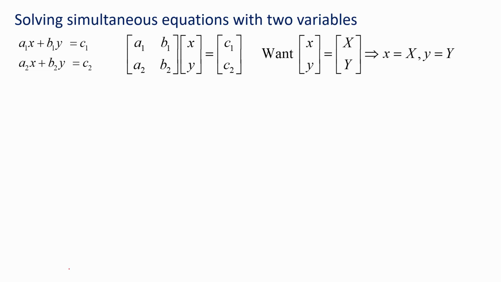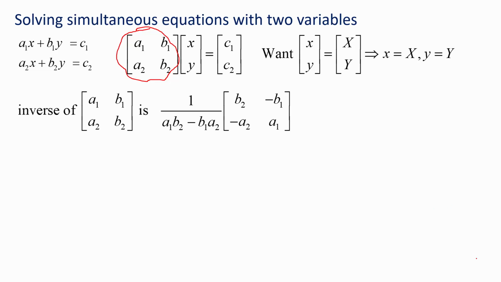Now what we want to end up with is something that looks like (x, y) equals some value for capital X and some value for capital Y. So that means we must find a way of replacing that coefficient matrix that will cancel with it. And this is where the inverse comes in. The inverse of that coefficient matrix is what you can see there.